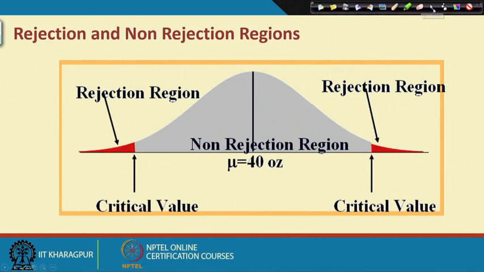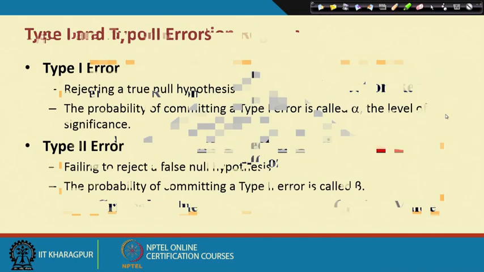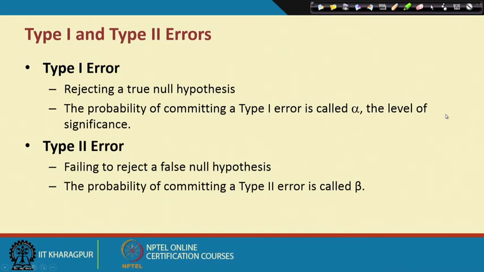Then I will take you to the concept called type 1 error and type 2 error. The concept of type 1 error and type 2 error is nothing but rejecting the true null hypothesis or accepting the false null hypothesis.